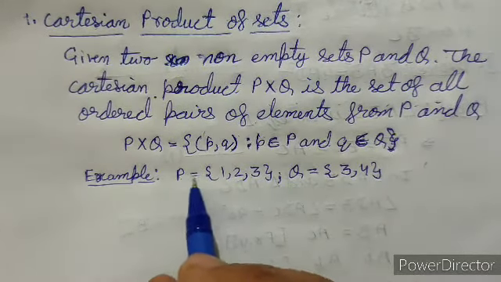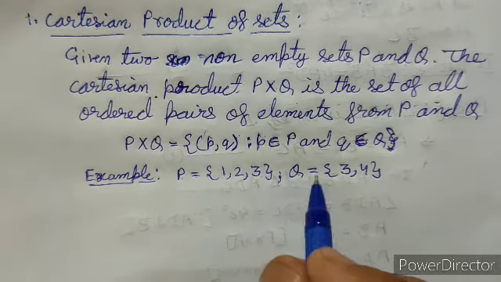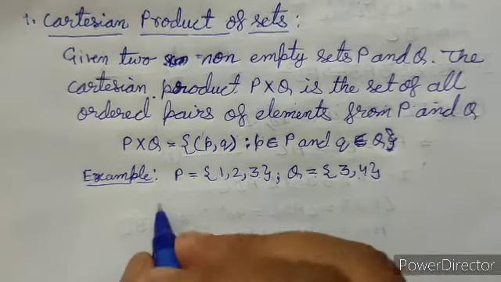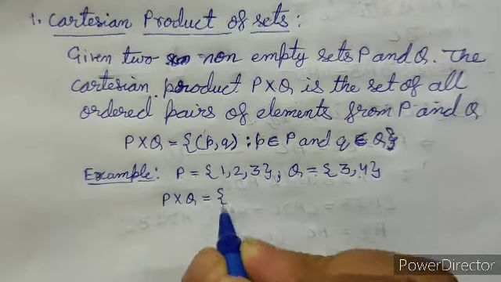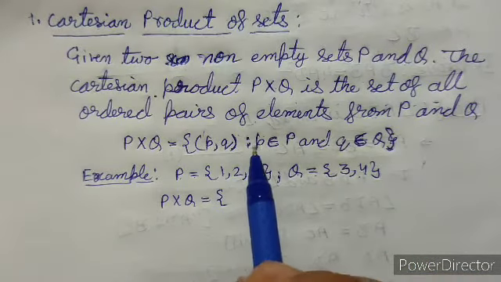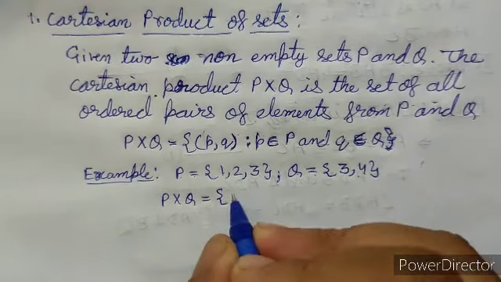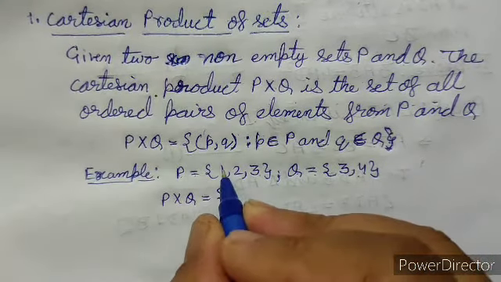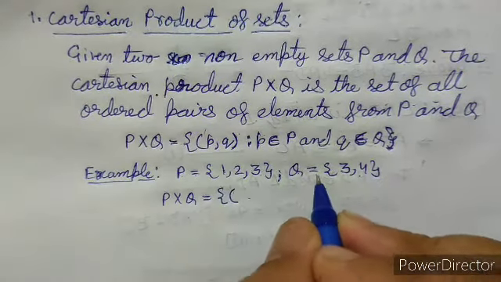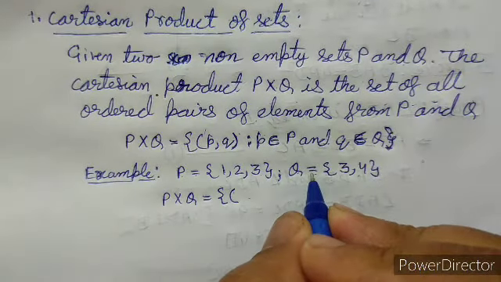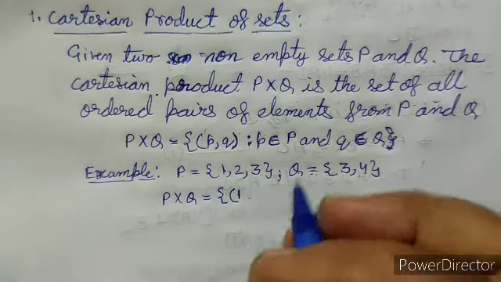Suppose there is set P which has elements 1, 2 and 3, and set Q has elements 3 and 4. Now P cross Q will be equal to (p, q), where p belongs to set P and q belongs to set Q. That means the first element of the ordered pair will be from set P and the second element will be from set Q. Now first element of set P is 1.